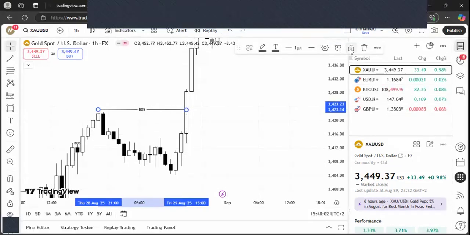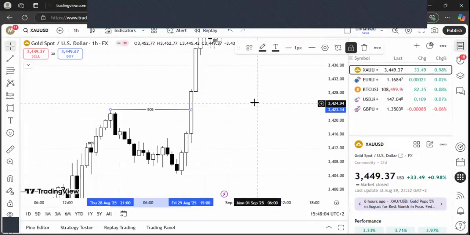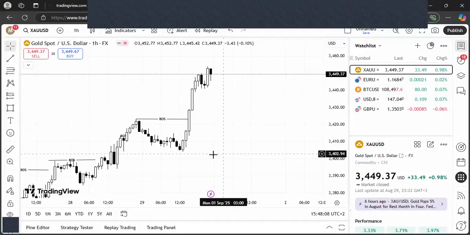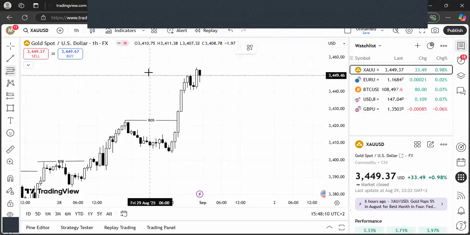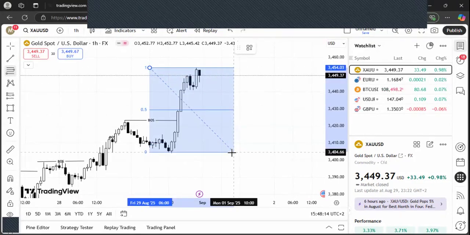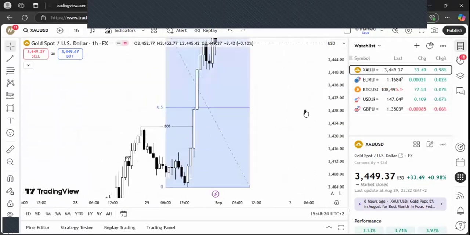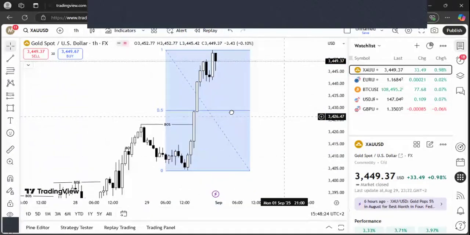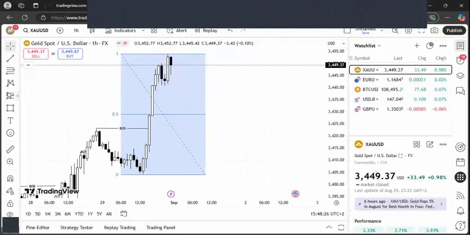This is where I introduce the concept of discount and premium. Normally there are a lot of value gaps in the setup, so you can't just pick one randomly. You have to use the law of discount and premium.